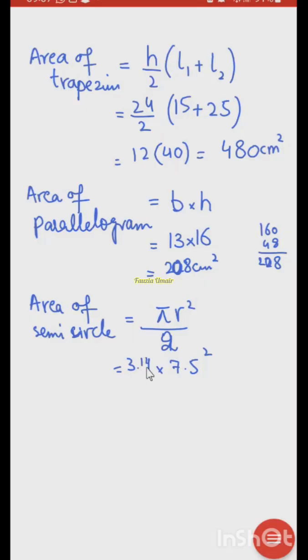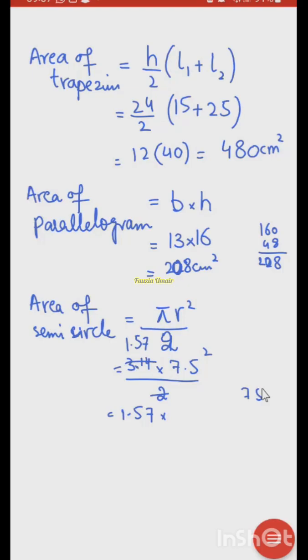So 3.14 divided by 2. We can cancel this 2. What is half of 314? 1.57, right? So now we need to do these calculations. We need to find out what is 7.5 square.